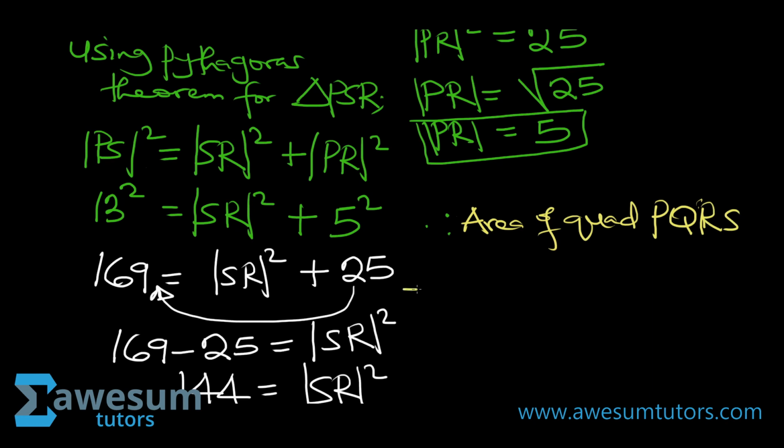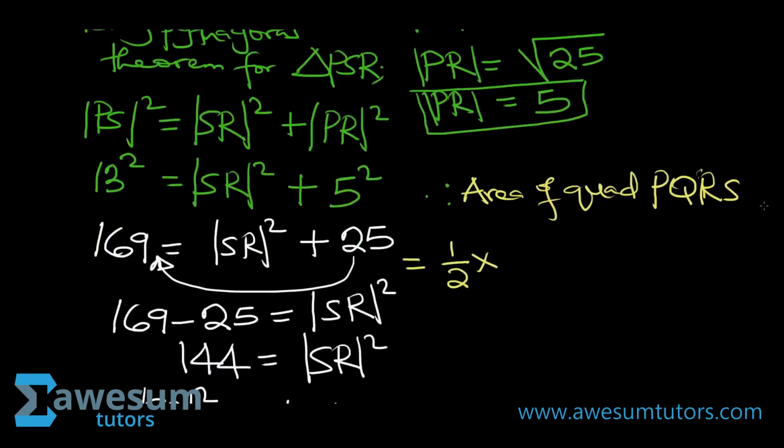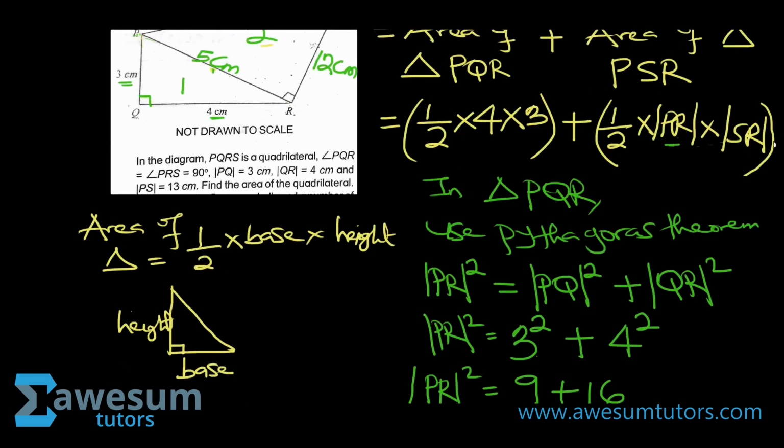is equal to half times 4 times 3, plus half times, what is our PR?